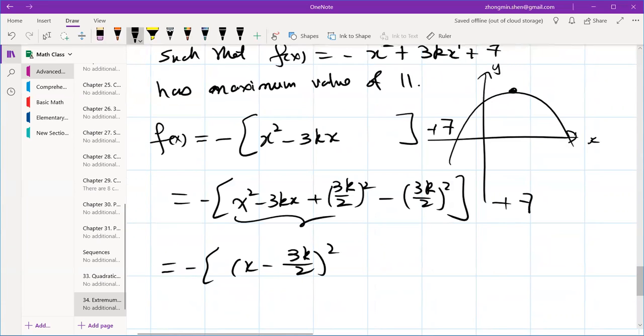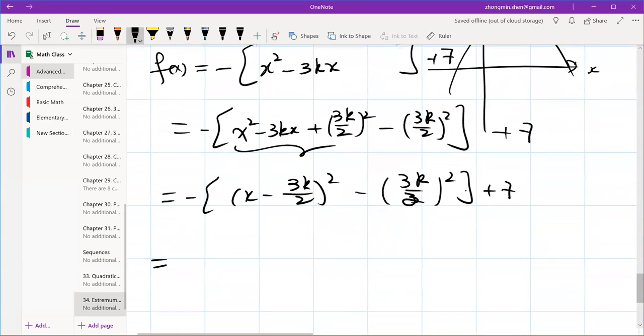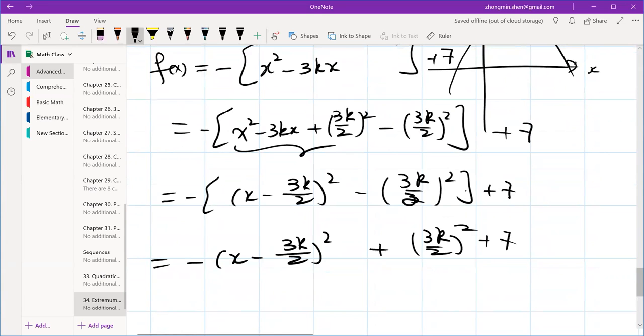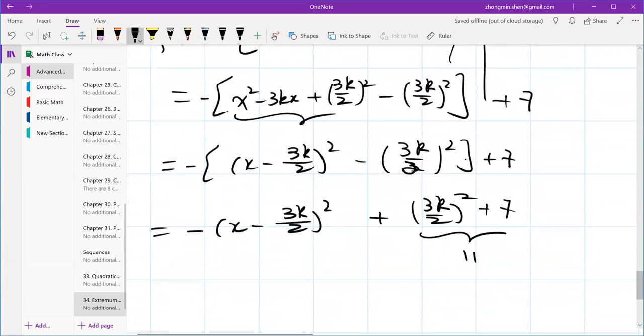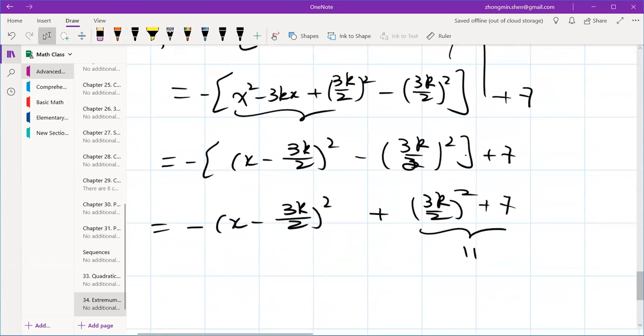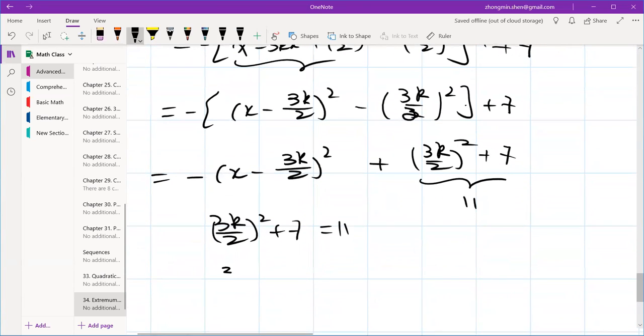Okay, you multiply this out. Okay, let's simplify it. It's going to be negative (x minus 3k over 2) squared plus (3k over 2) squared plus 7. Now this is supposed to be 11. Then you solve it because this is the maximum value. And that's going to be 4, right?